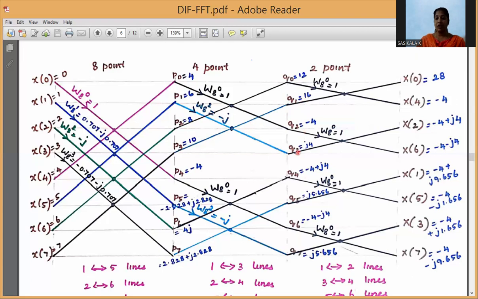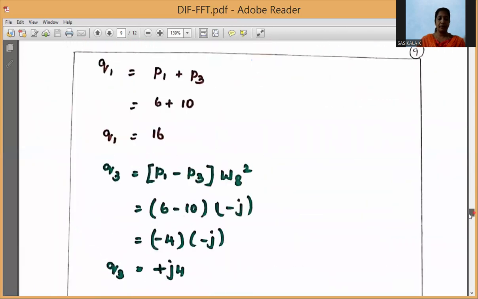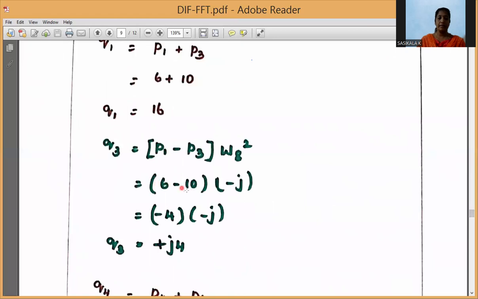The second output Q3 is equal to first input minus second input into the twiddle factor, that is 6 minus 10 into minus j. 6 minus 10 value is minus 4 and into minus j.